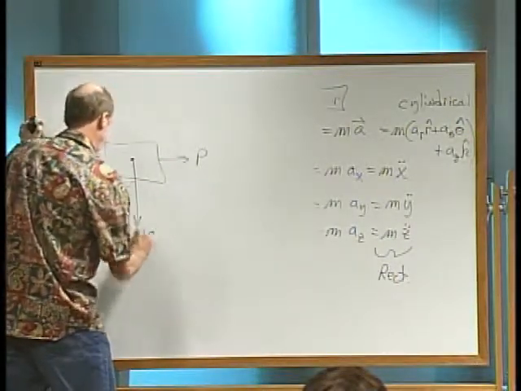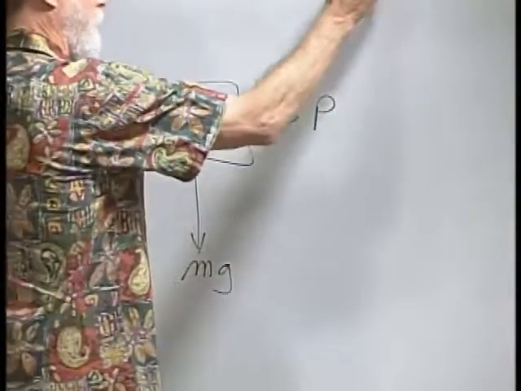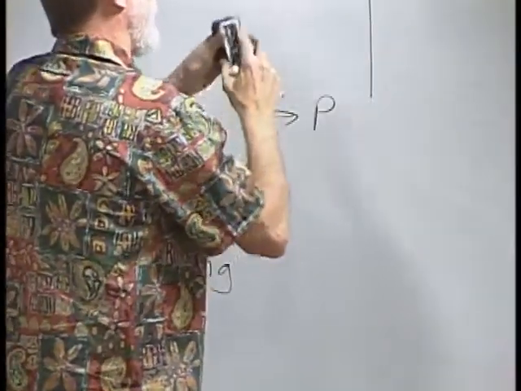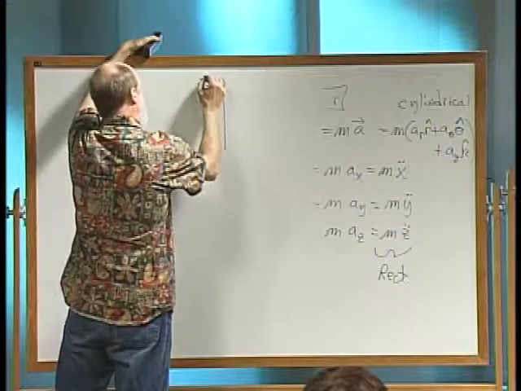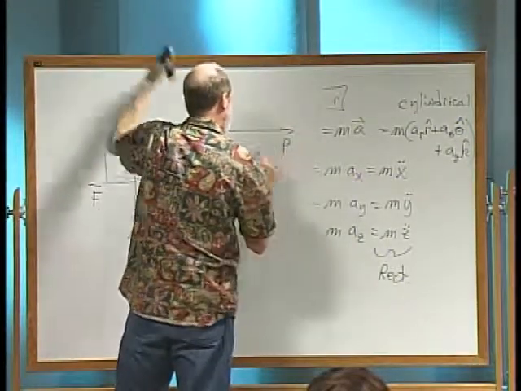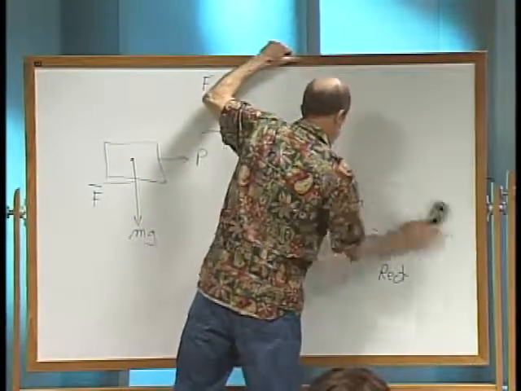We'll call that mg. What we want to do is track, as we let P grow, the friction force plotted as a function of the applied force P.